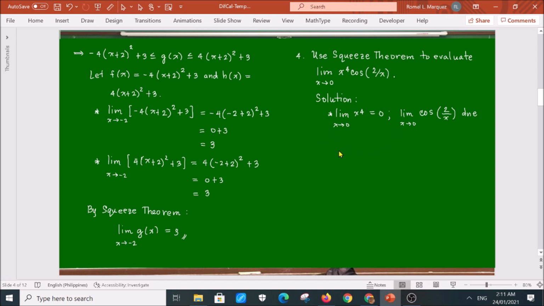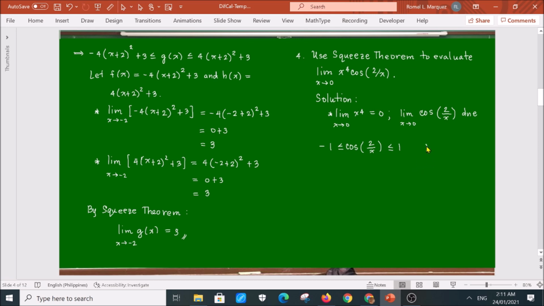But in trigonometry, cosine of 2 over x is always between negative 1 and 1 inclusively.